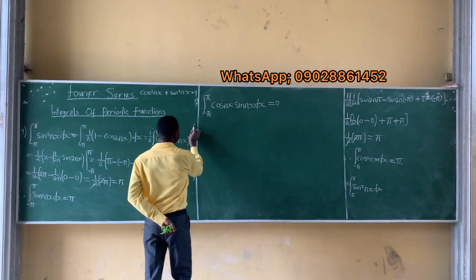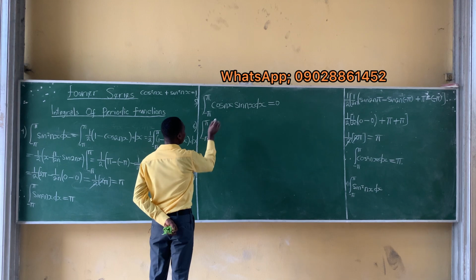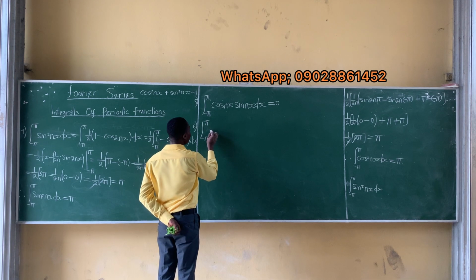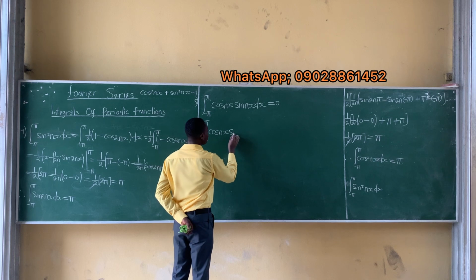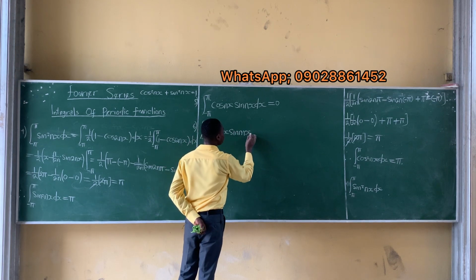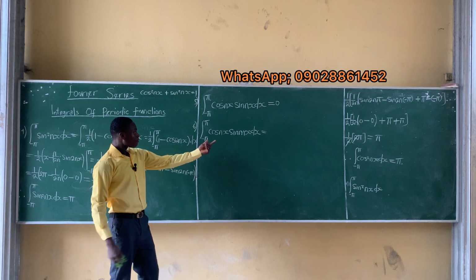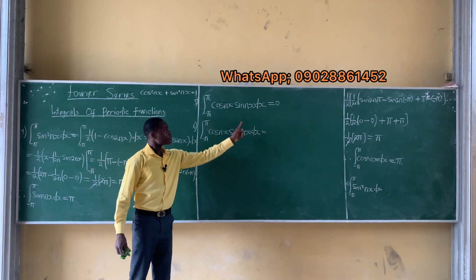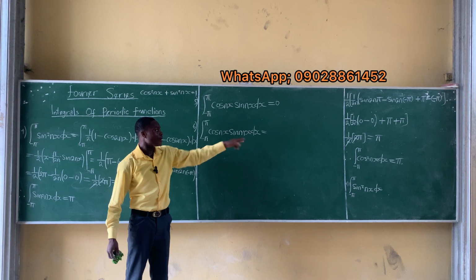And also, the sixth one there is the integral from minus pi to pi of cos nx sine mx dx. Observe carefully, we have cos nx sine mx. The difference is just m.